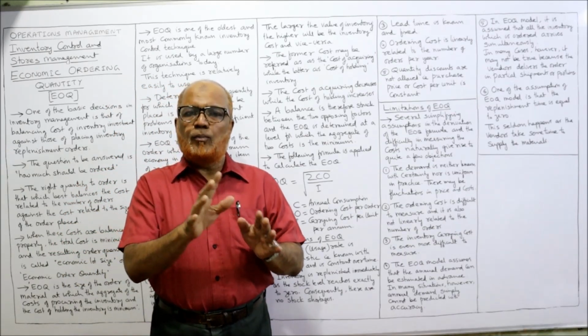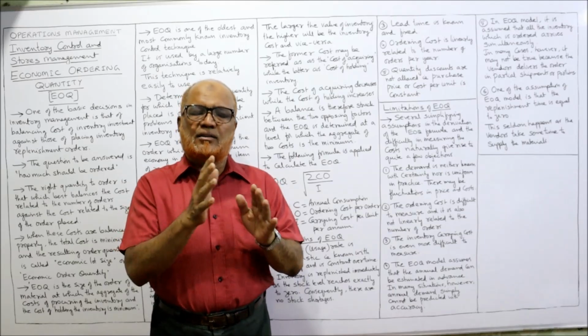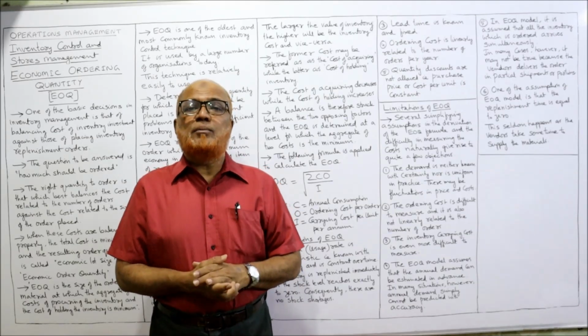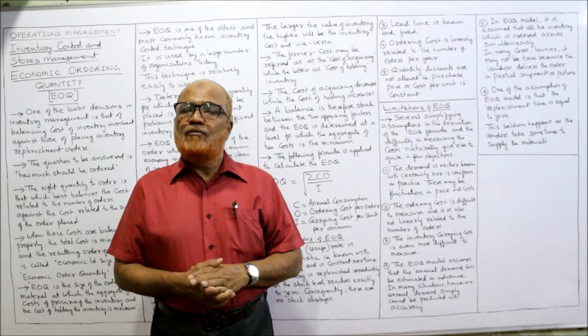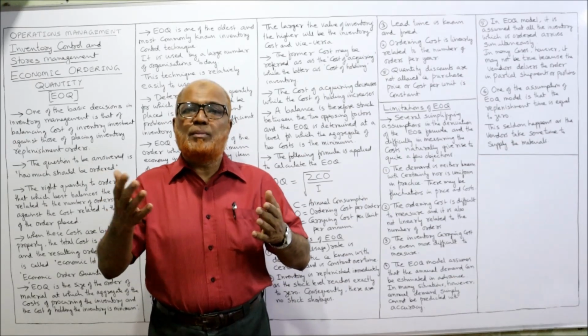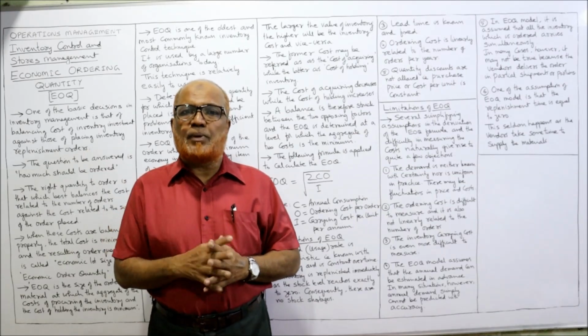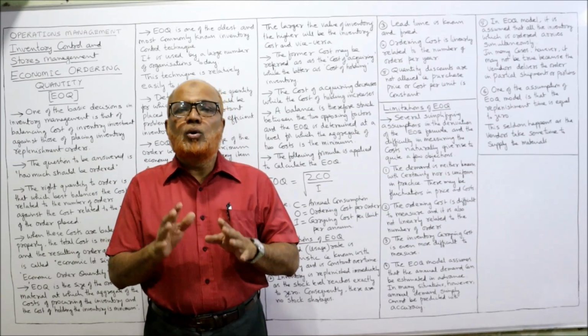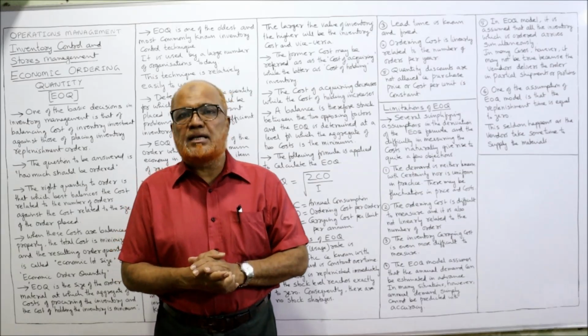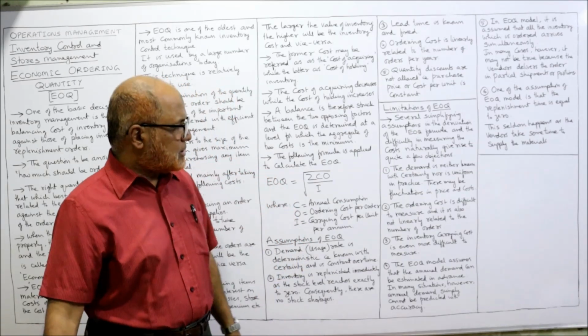If one order is 100 rupees, two orders 200, three orders 300. But in reality, it may not be so, because when we give more frequent orders, we may get some discount. Discount in transportation, discount from the supplier. Like this, no linear relationship may exist in ordering costs.